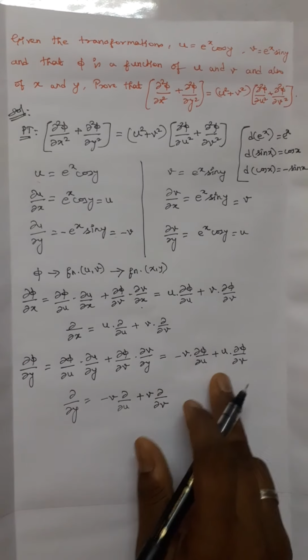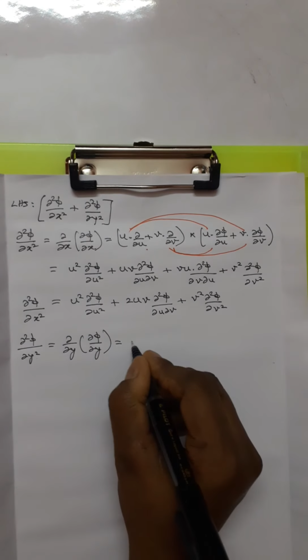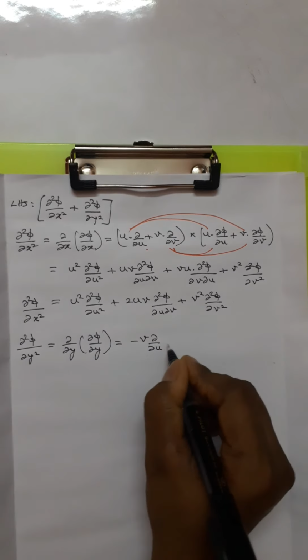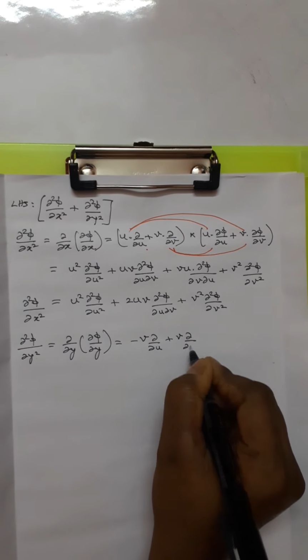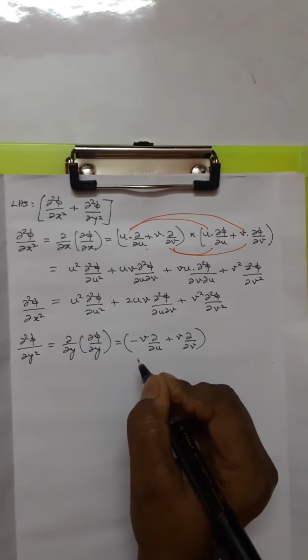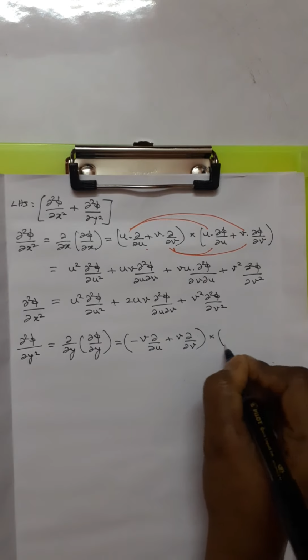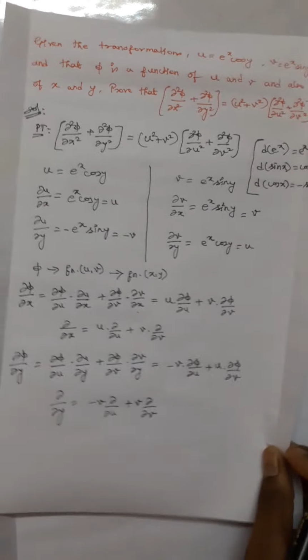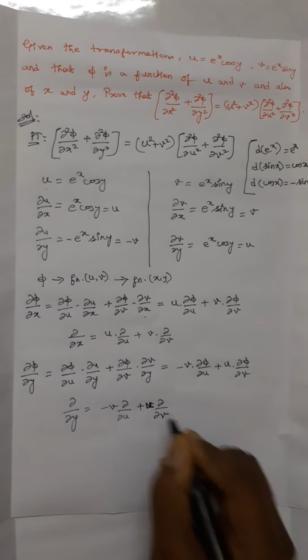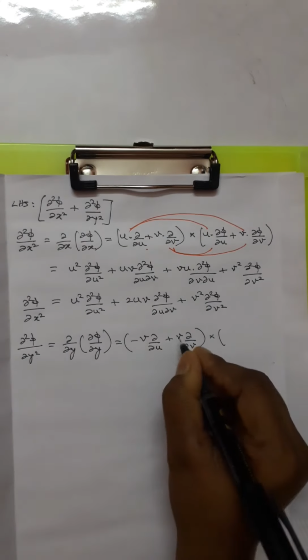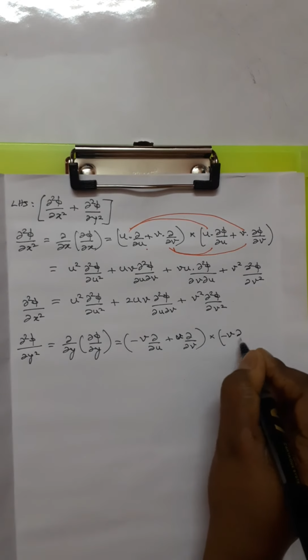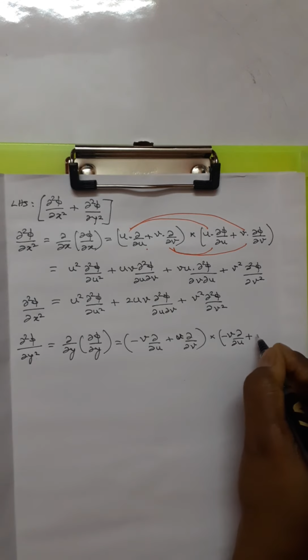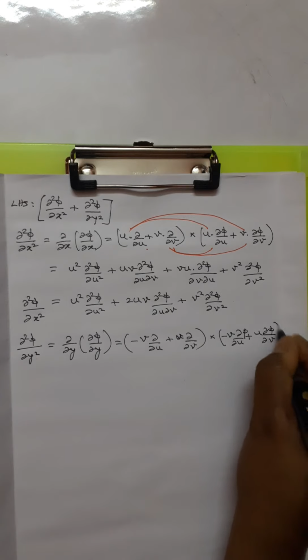Dou phi by dou y, dou by dou y, just writing it, minus v dou by dou u plus u dou by dou v, into minus v dou phi by dou u plus u dou phi by dou v, right?